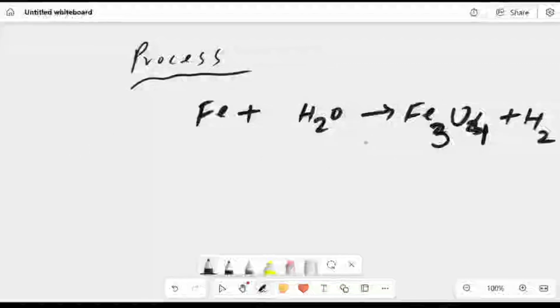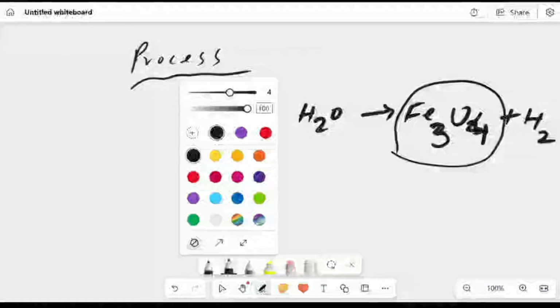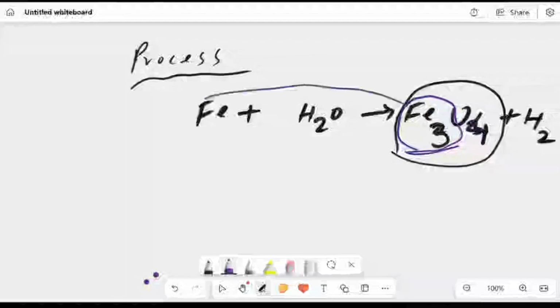Let us take into account this one. Here we have 3 Fe. Let's consider the middle one first. But here we have only 1. 1 into 3 is equal to 3.